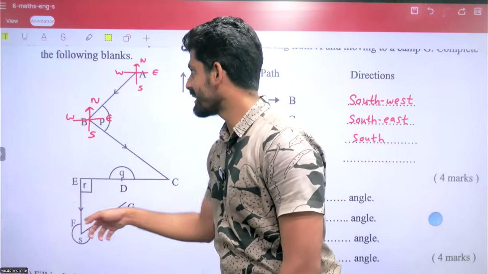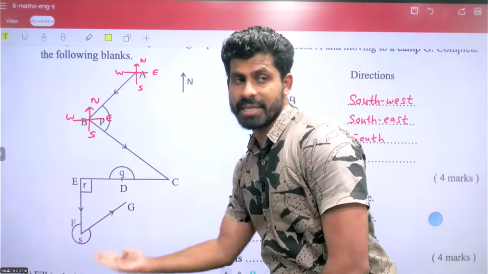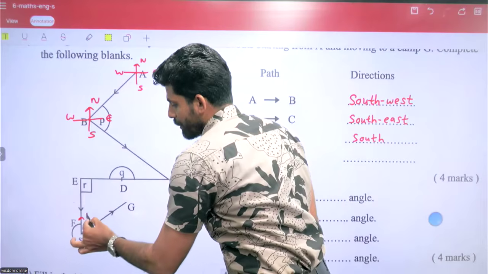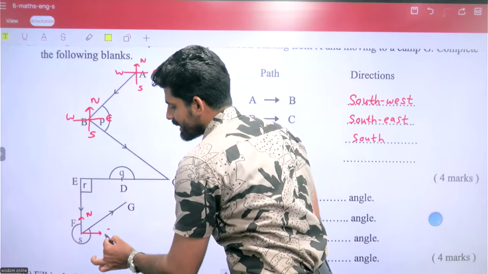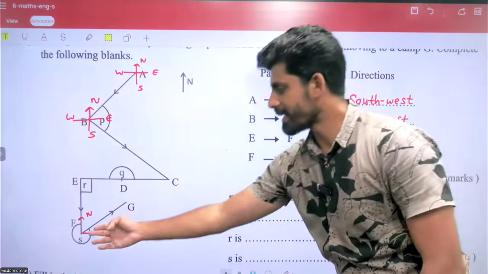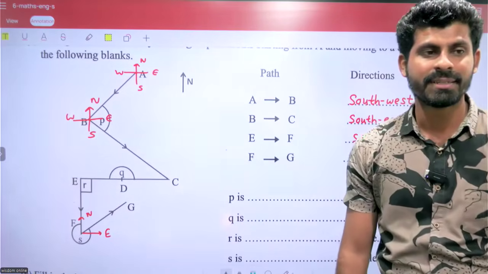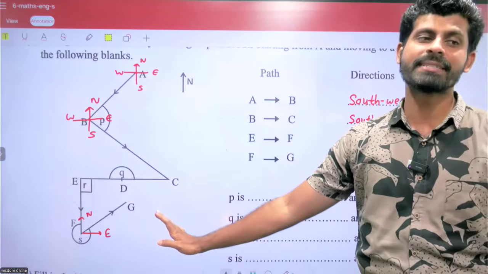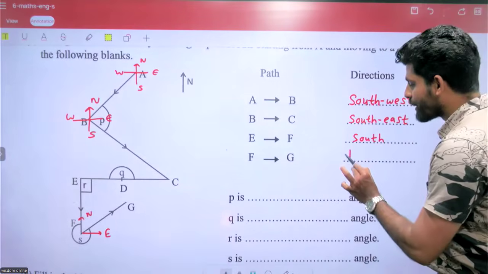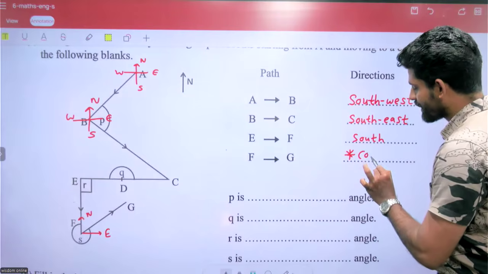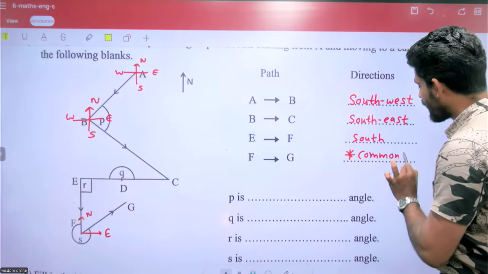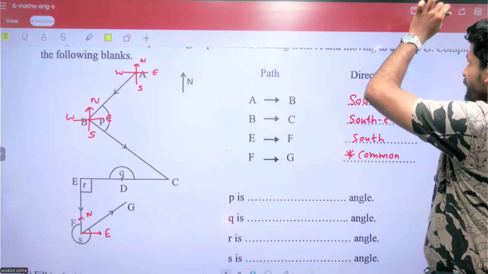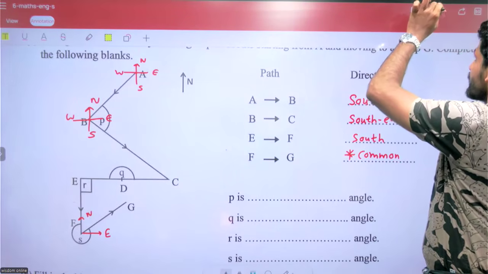North, south, east, west. F to G means, look at this one. North, east, F to G. I'm not telling the answer, right? You know the answer, right? Quickly drop your answers in the comment.